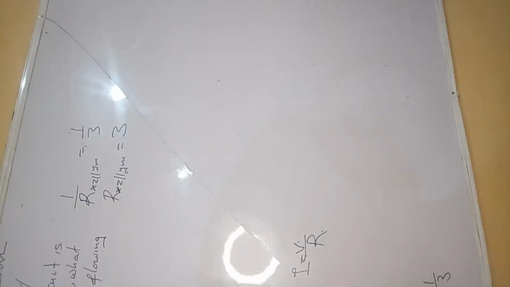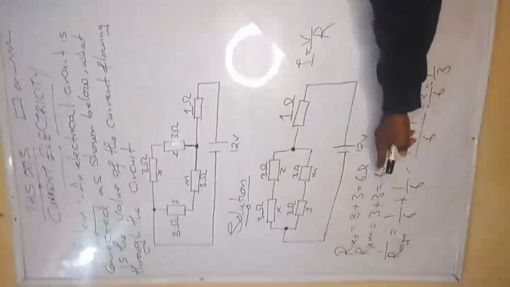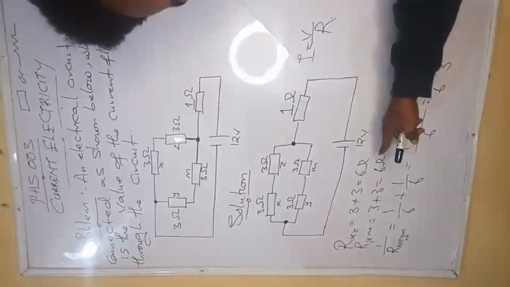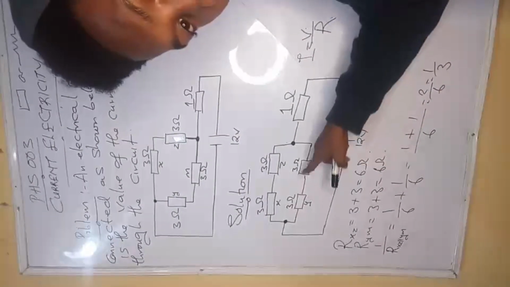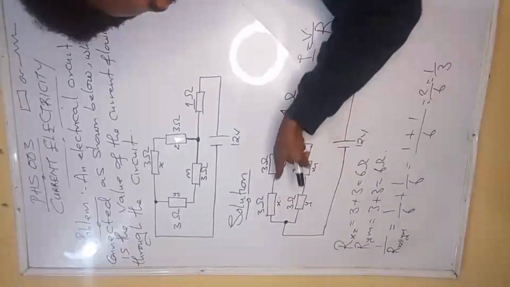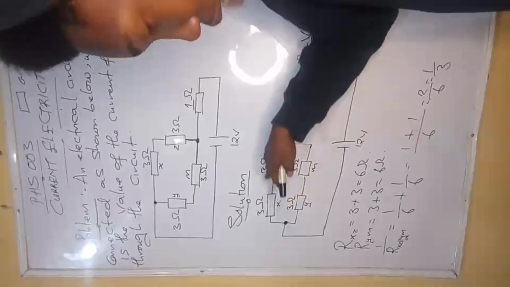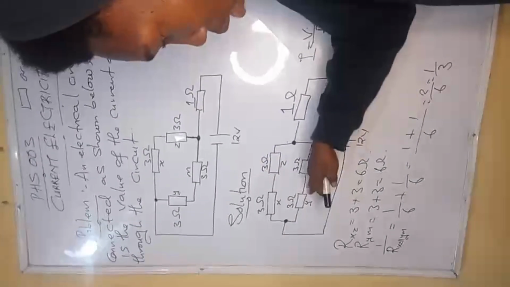Okay, I will explain. We said in this diagram here that these resistors are parallel to this one. This is parallel to this. Since the sum of both of them, which are in series, is 6, and they are parallel to this one too, that is 6.